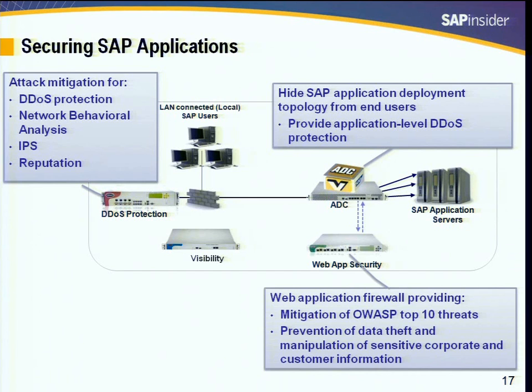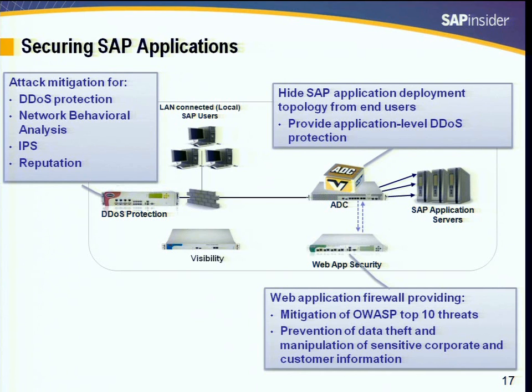The other one is applications, specifically in terms of SAP. There is the OWASP top 10. OWASP is a user forum that provides the top security threats for applications, and they change it every year.